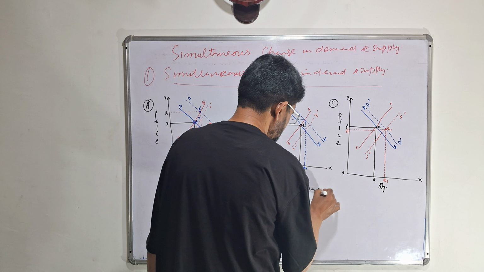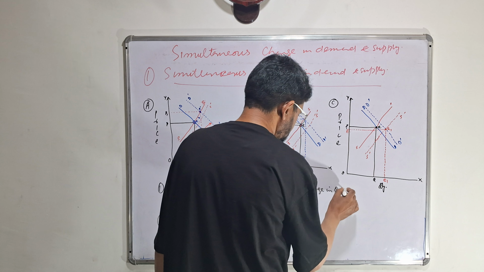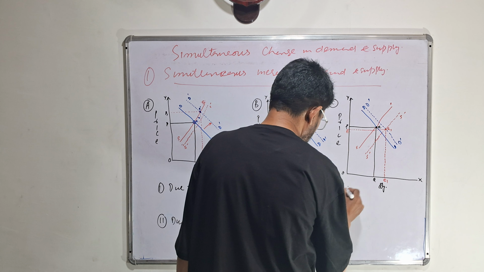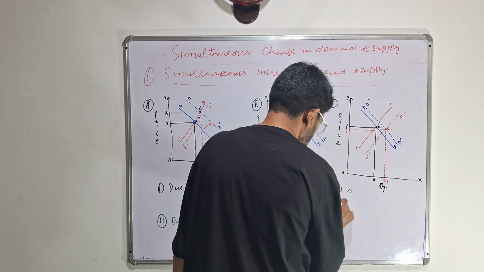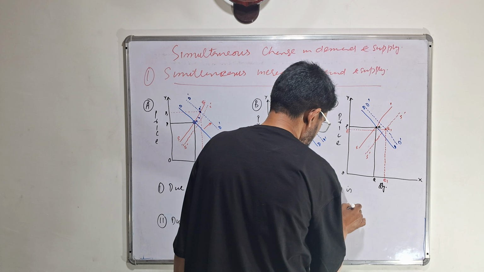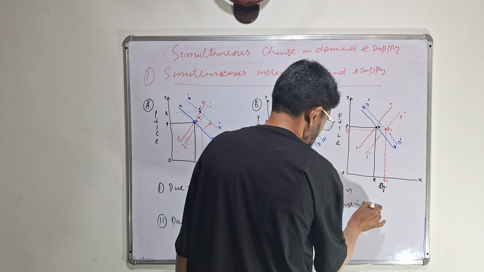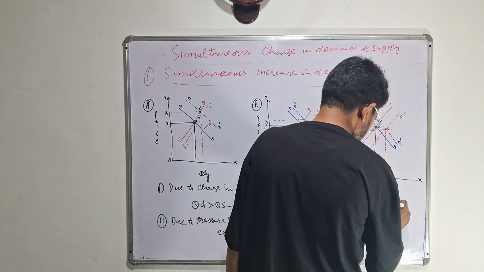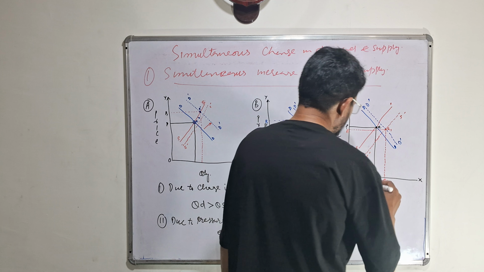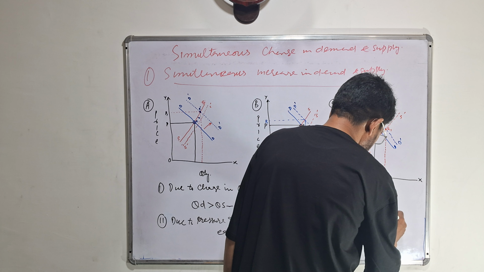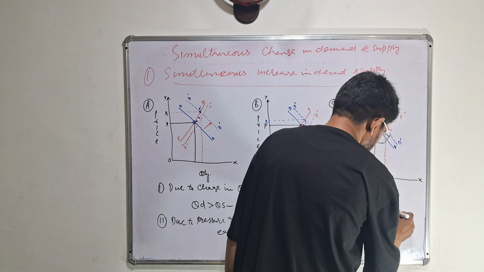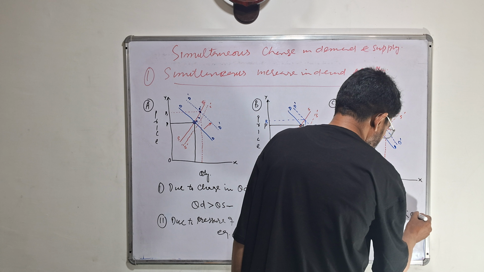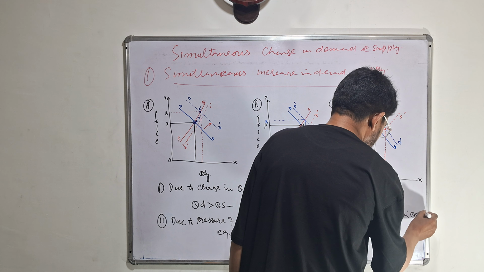In the second case, change in quantity demanded is equal to change in quantity supplied. Third, in the third case, change in quantity supplied is greater than change in quantity demanded.